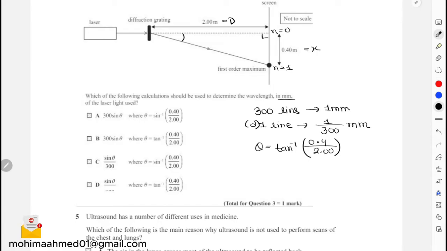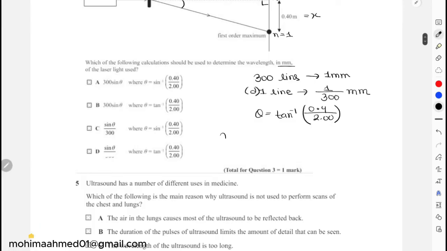Now, using this theta and small d, you can find n lambda. n lambda equals d sine theta, right? n over here is going to be 1 because it was for first order.